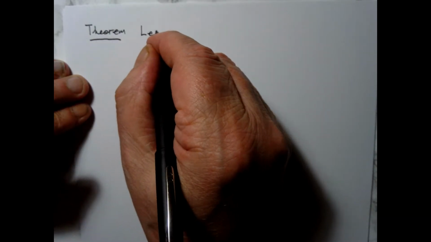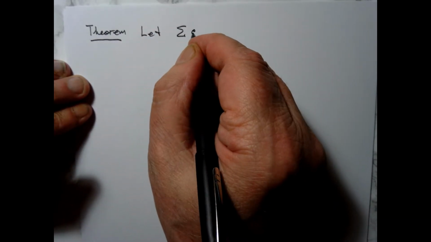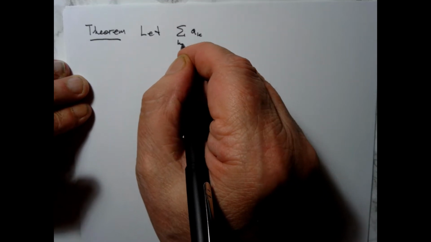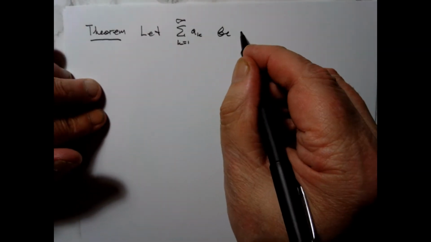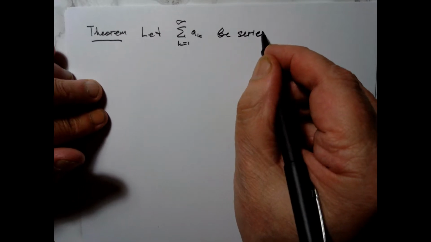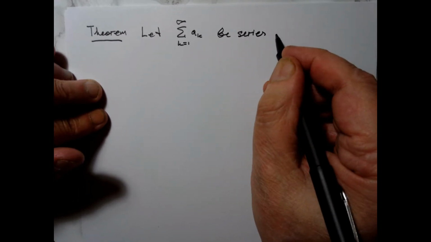Let the sum of a_k, where k this time will go from 1 to infinity, just because it's a little bit more convenient, be a series with positive terms.